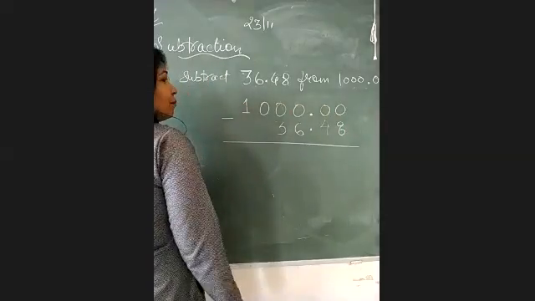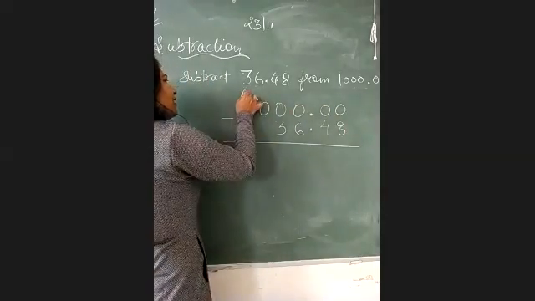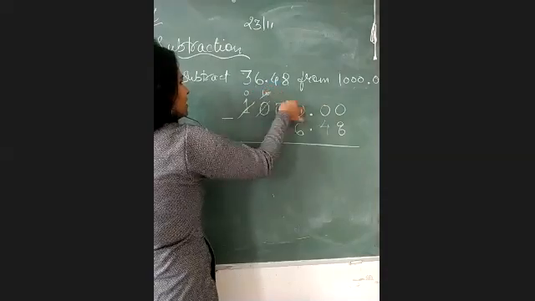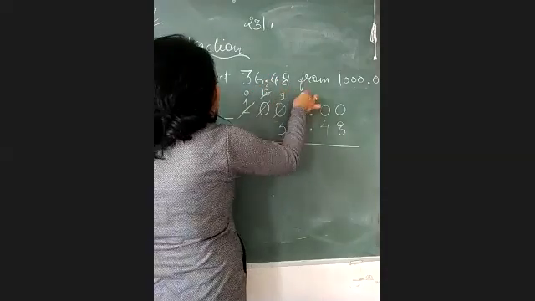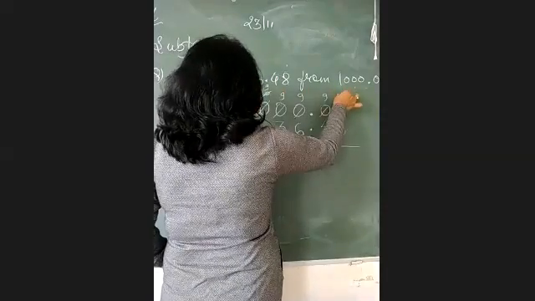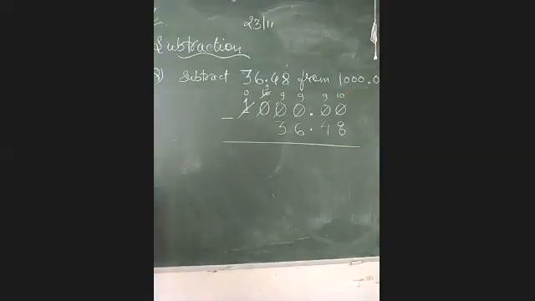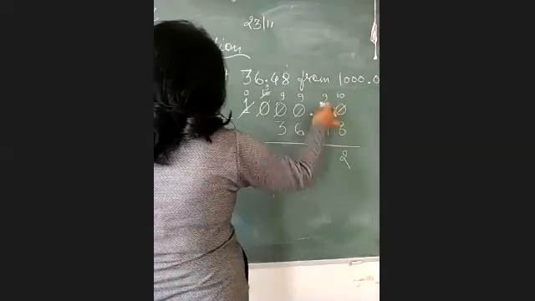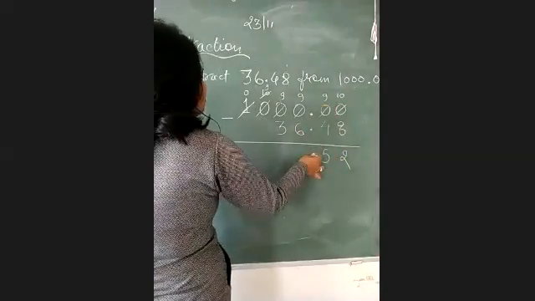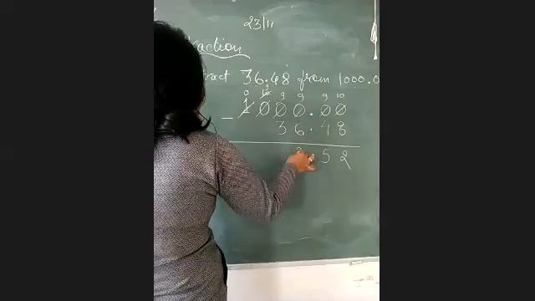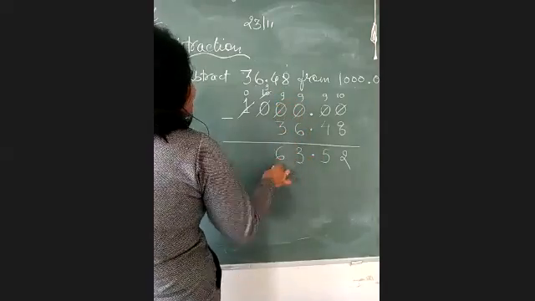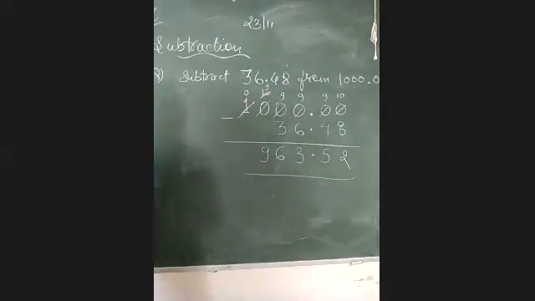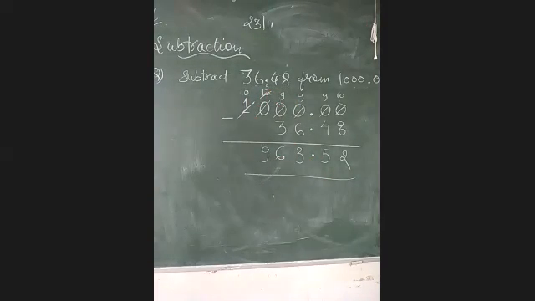So let us give them borrow. ठीक है? ये 10 से इसको बोरो देगा तो ये हो जाएगा 9, this is 9, this is 9, this is 9 and this is 10. ठीक है, सारे के सारे हो जाएंगे नंबर 9, बाकी हो जाएगा 10. तो ये हो जाएगा 10 में से 8 गया बच्चा 2, 9 में से 4 गया बच्चा 5, डेसिमल, 9 में से 6 गया 3, 9 में से 3 गया 6, 9 का 9, 0 का 0. तो यहाँ पर हो जाएगा आपके पास 963.52.